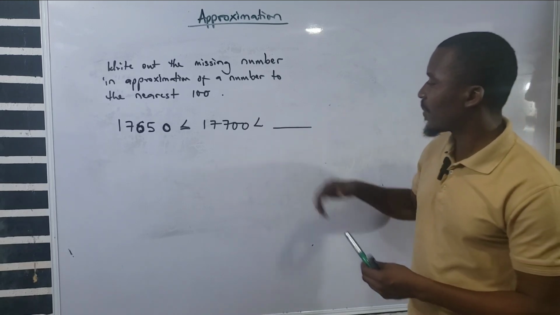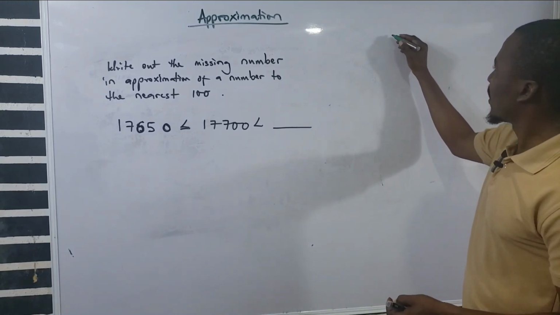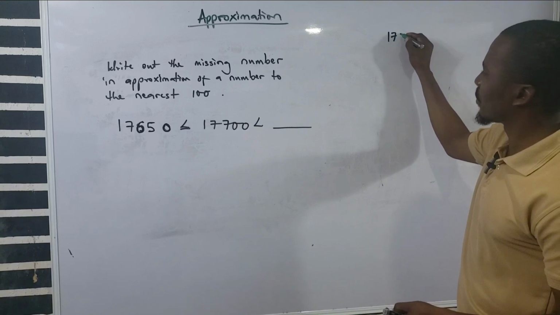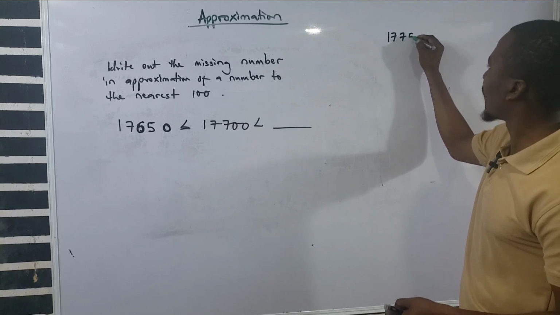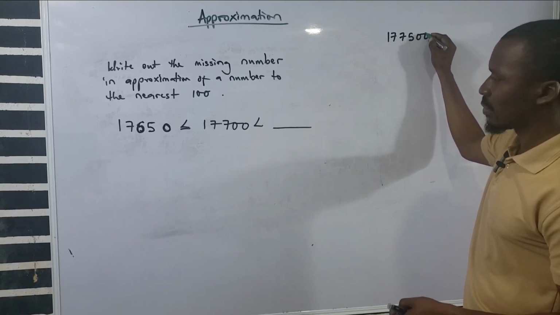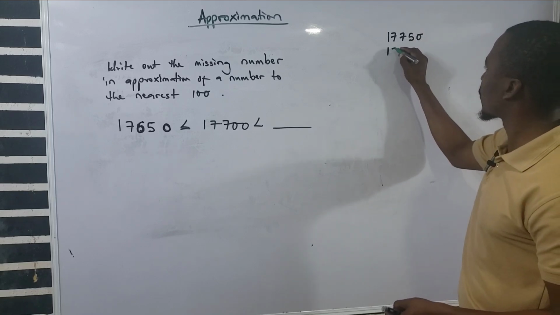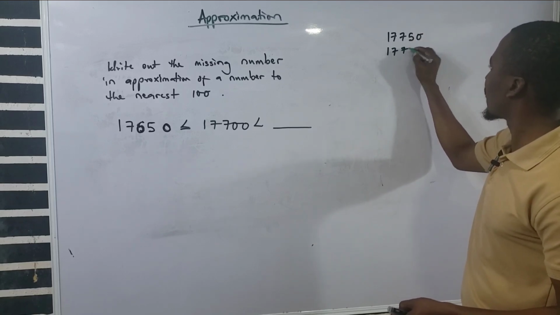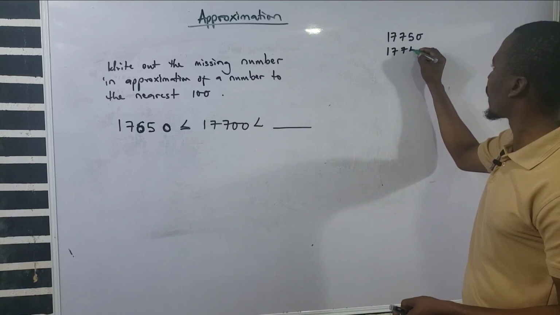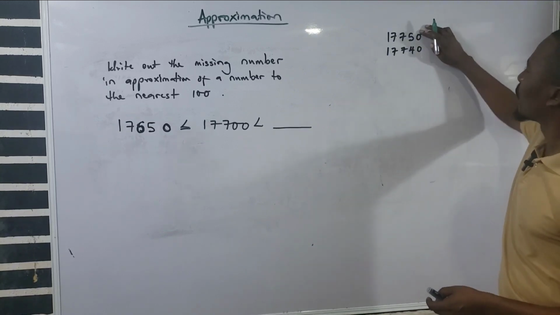So here, what are the numbers? Let's look at 17500, and let us also look at 17750.